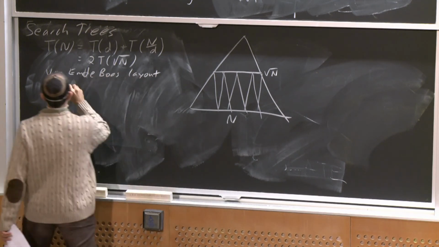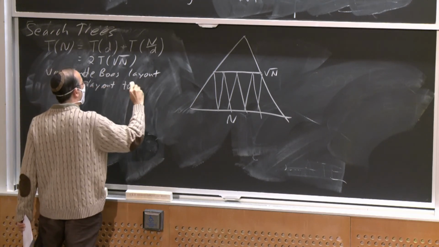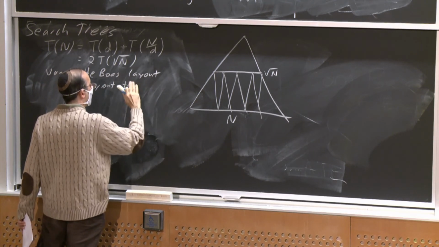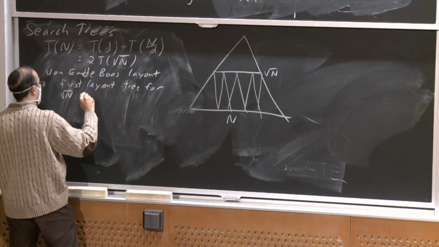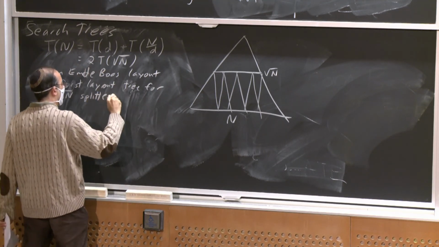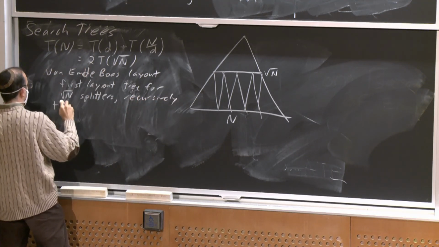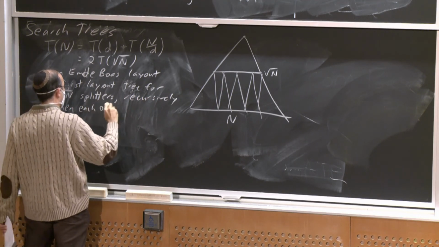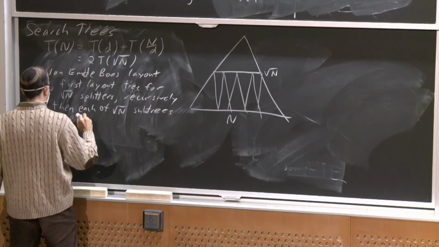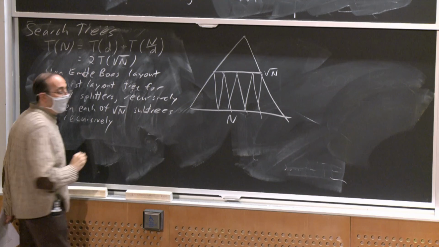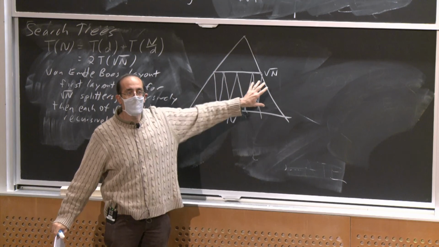So first we lay out the top tree for the root N splitters recursively. And then we lay out each of the square root of N subtrees, recursively. So this will be the first thing in memory, then this, then this, then this, and so on.